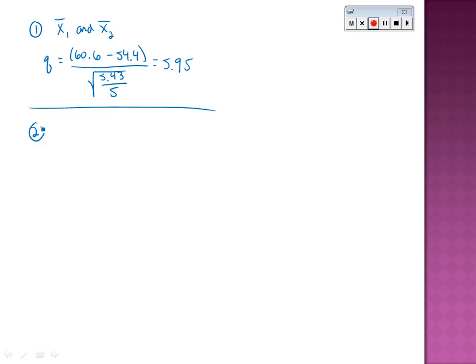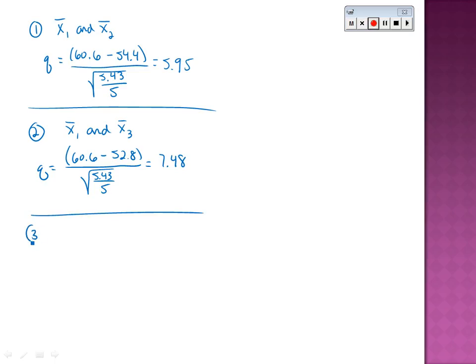Let's do the same thing. Let's go ahead and compare our first sample and our third sample. So we're looking at Dallas and Detroit. So we have 60.6 minus 52.8. And then our denominator is going to remain the same for each of these. Our within group variance divided by the sample size. And that should come out to be 7.48.